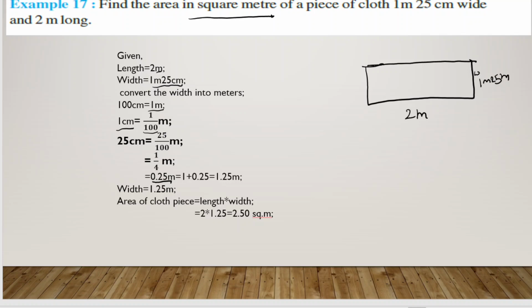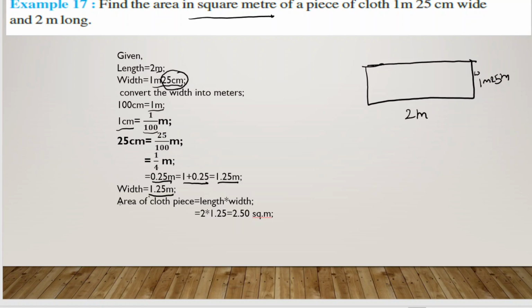But here the width is 1 meter 25 centimeters. You know that 25 centimeters is 0.25 meters. So let's convert the width into meters. 1 plus 0.25 meters equals 1.25 meters.